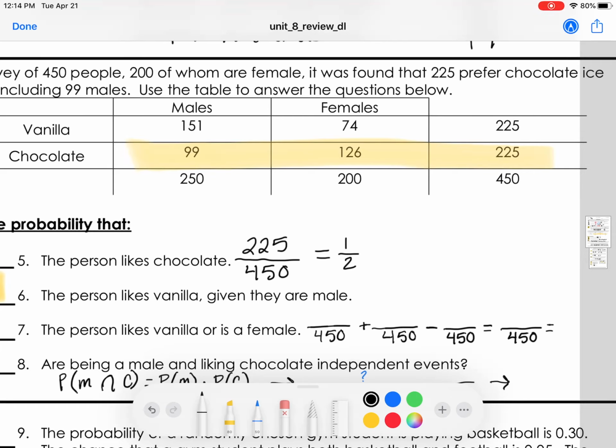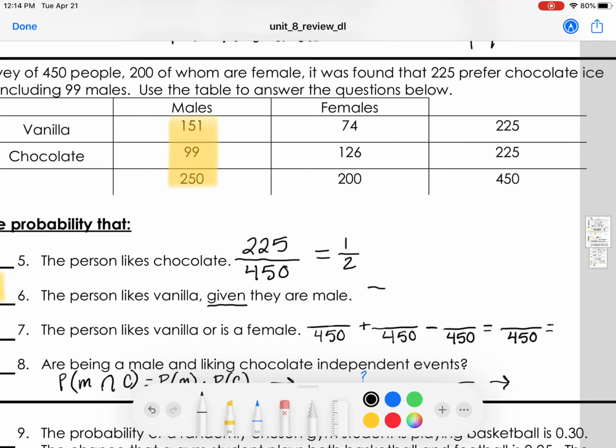Number 6 says find the probability that a person randomly selected likes vanilla given that they are male. So that given word, remember, is helping me identify that there's a condition that has to be met. The first thing that I consider is they have to be male. All right, so I'm just looking at this row right here. And my denominator is going to be that total, how many males can be chosen.